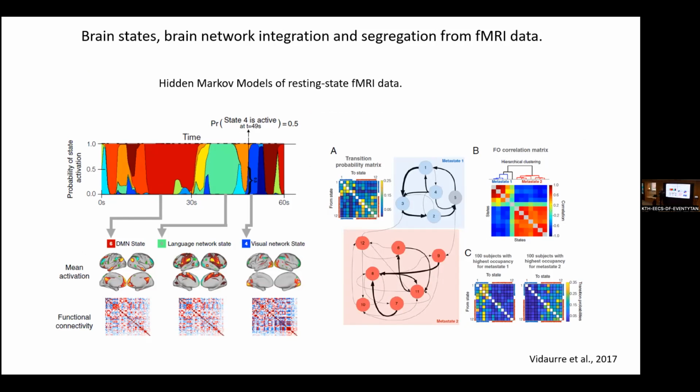So different connectivity patterns correspond to different states. And then you can also come up with a graph showing that the brain cycles between different states in this manner. So if you are in a certain state, it's more probable that you end up in another state than the remaining states, so to speak. So this is how people have thought about brain states in the human brain using functional neuroimaging.